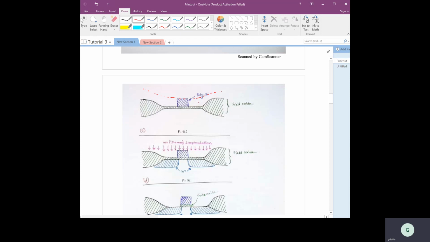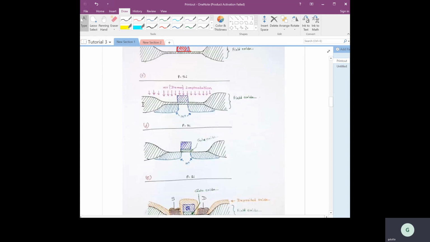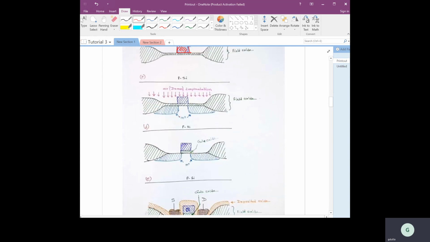Once we etch this polysilicon, the remaining polysilicon will stay on top of this silicon dioxide, right? So this is the polysilicon, and this polysilicon will be used as a gate electrode. Now why polysilicon? I think this part will be clear to you just after some time.